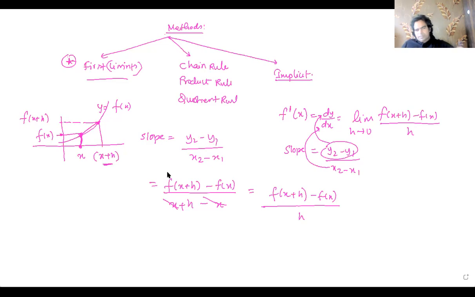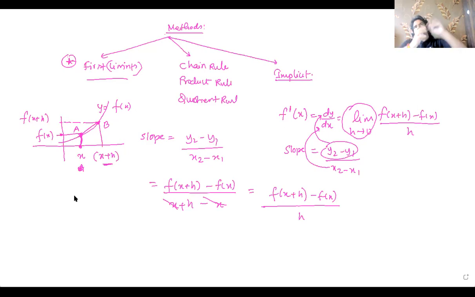Now, when you look at this point, let's say this is point A and this is point B, these points seem to be far apart. Our objective is to calculate not the average rate of change.